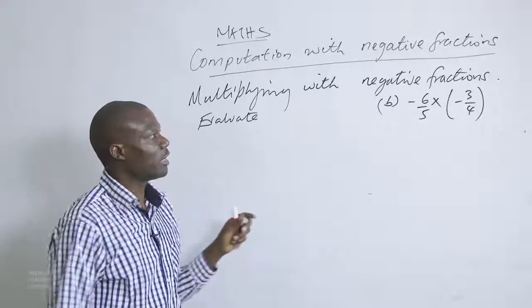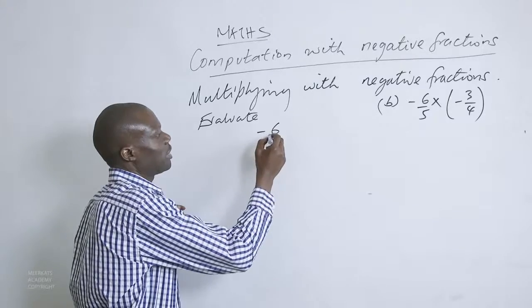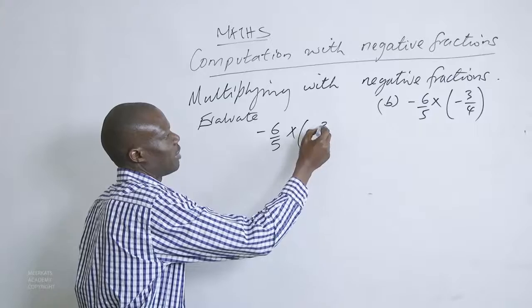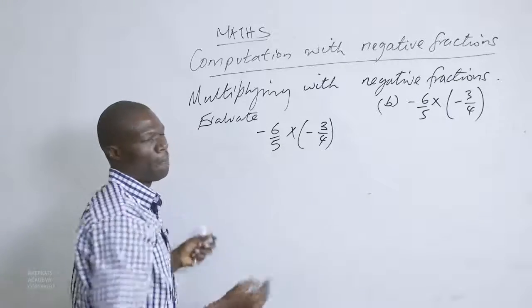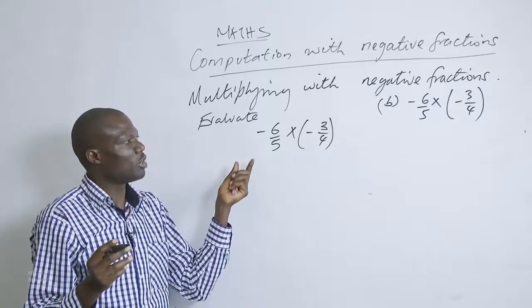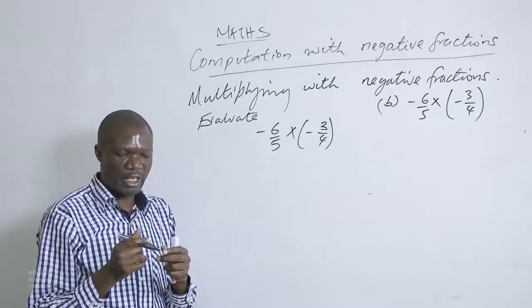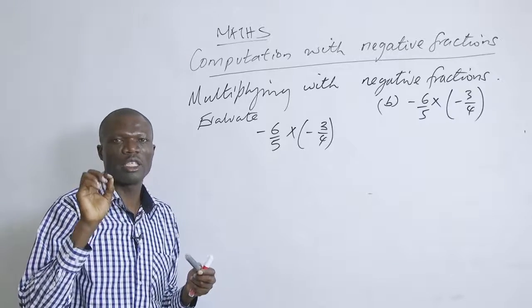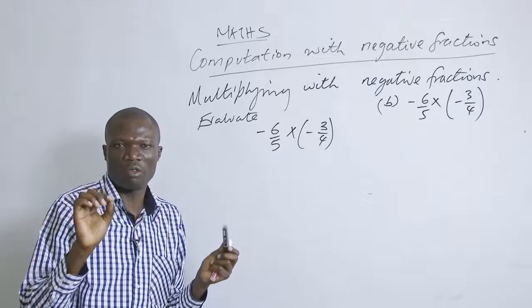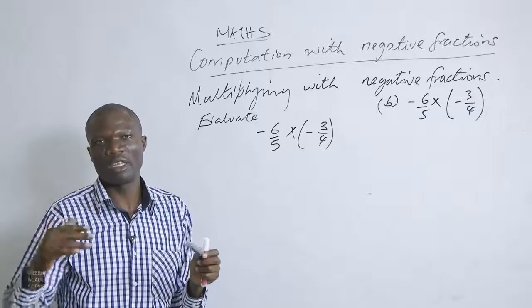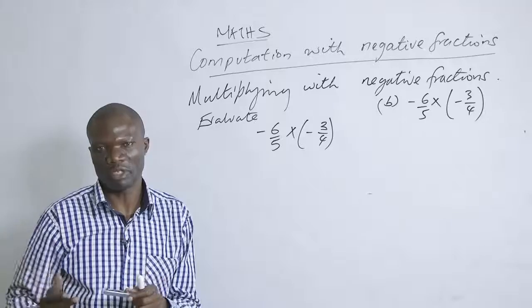For the second case here, we have minus 6 over 5 multiplied by negative 3 over 4. As we saw earlier on, when you are getting the product of two fractions with the same signs, either both of them positive or both of them negative, then the answer should be a positive fraction.